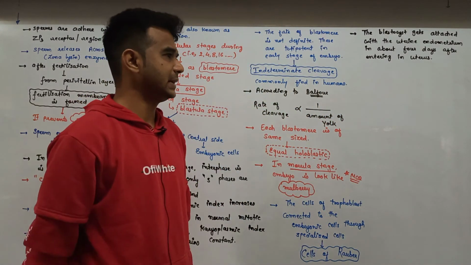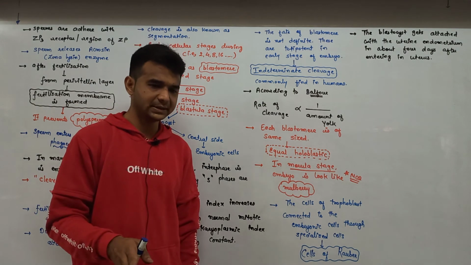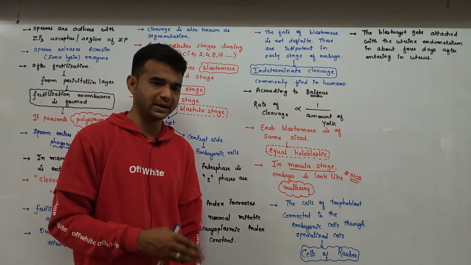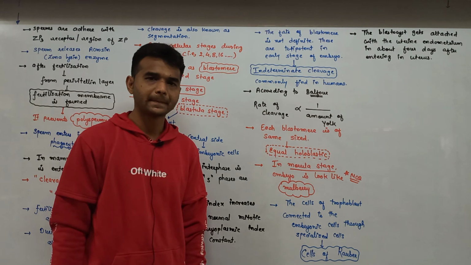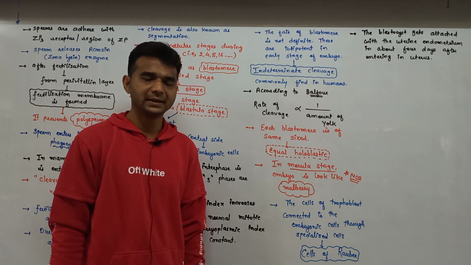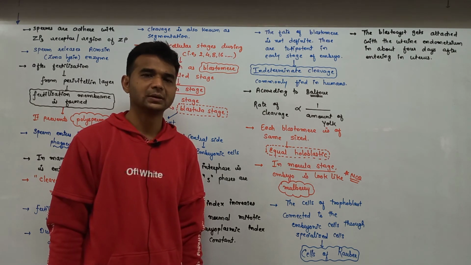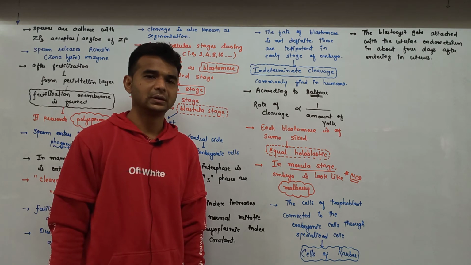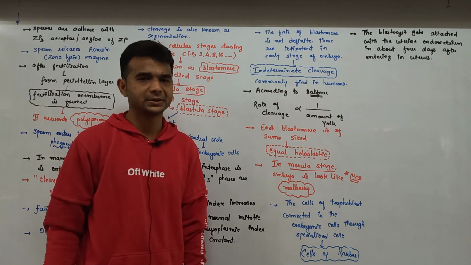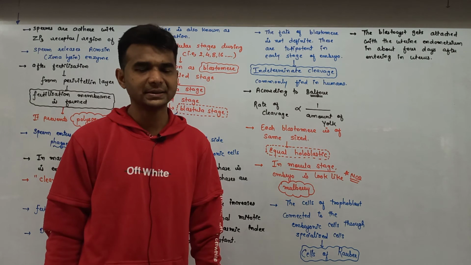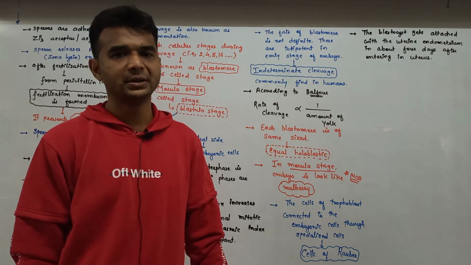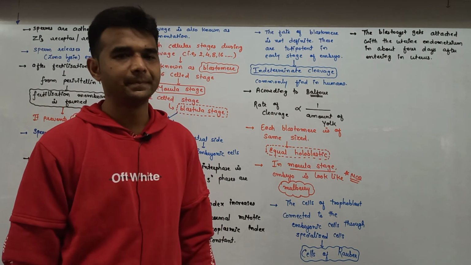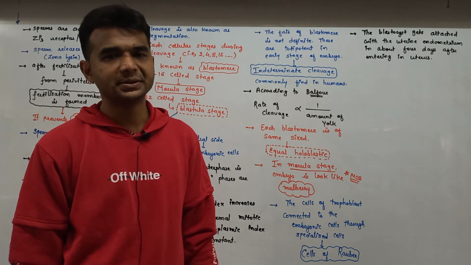Initially, the blastocyst is not connected to the maternal blood. That's why it requires nutrients, so trophoblast cells secrete the nutrients and nourish the embryonic cells.